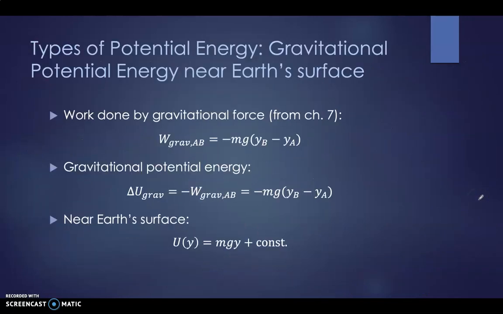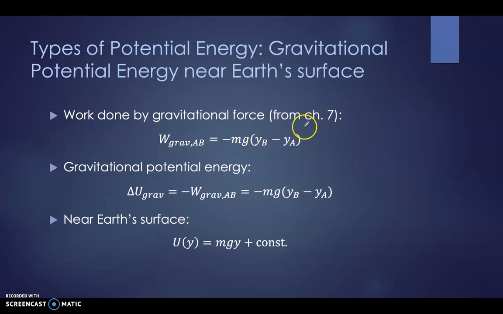All right. So let's go ahead and move on to different types of potential energy. We need to first go back and remember that work done by gravitational force is equal to negative mg times the difference in height.